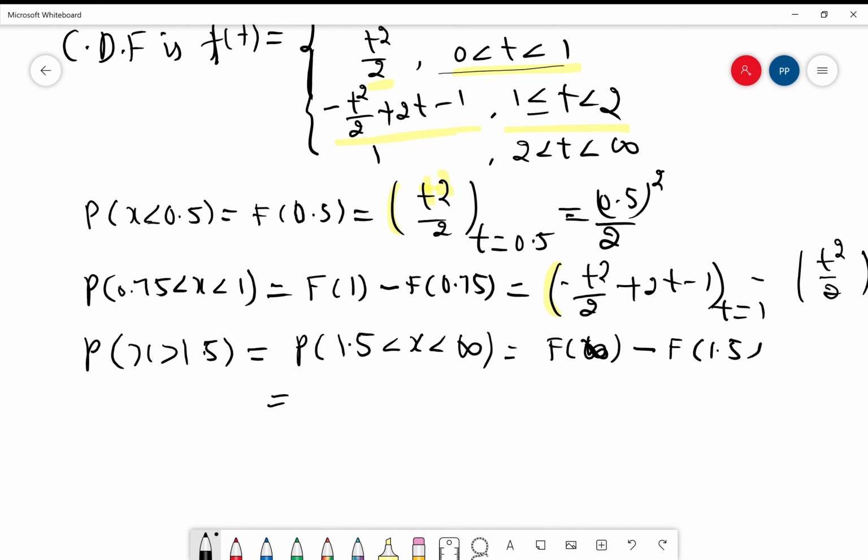F of infinity is nothing but 1, minus F of 1.5. 1.5 belongs to this interval. Therefore, putting t equals 1.5 there, which is 1, you are getting 1 minus 1, that is 0.